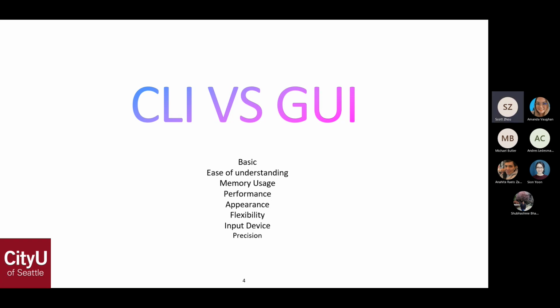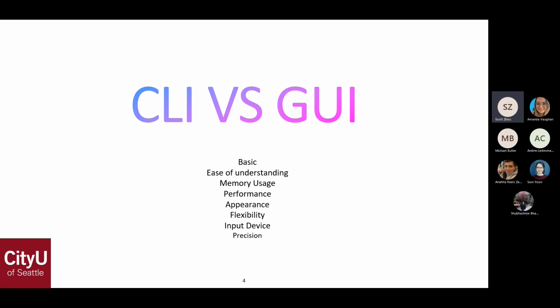Also, GUI requires more memory because there are a lot of graphical components. And GUI uses a mouse to execute commands, while CLI uses the keyboard to do that. So CLI is generally faster. And GUI can change the appearance with customizable options, and it's more flexible.